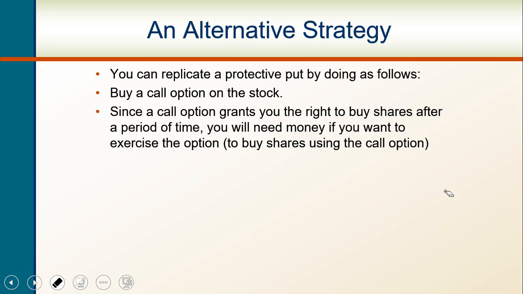But then what you need to keep in mind is that after that stipulated period of time is over and you really do want to exercise your option, exercising the option will mean that you will have to put up funds to buy the stock for the exercise price of $40. We are assuming the same exercise price for the call option, also $40, as it was in the put option. So let's say the stipulated time period of 1 year is over and you want to exercise your call option now. Now you will need to come up with $40 to actually exercise the call and buy the shares using the call option.